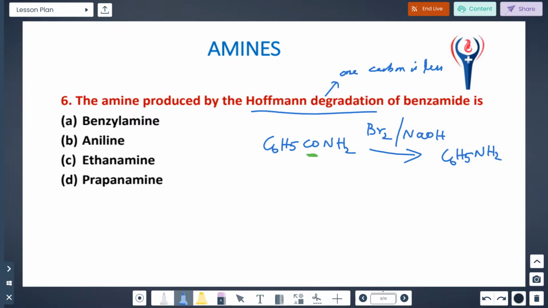The product is called aniline. Understood? So among these, B is the correct one. They are asking for the amine from an amide. Next one.